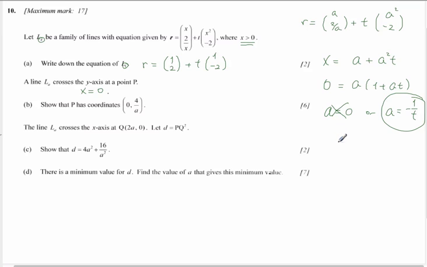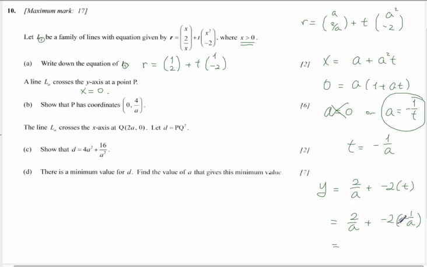Okay, then how would I show that the y coordinate is 4 over a? Well, actually what I'm going to do is I'm going to just solve this for t. t is equal to negative 1 over a. Right? Then the y coordinate of that is going to be 2 over a plus negative 2t, and I plug that in for t, plus negative 2 times negative 1 over a.